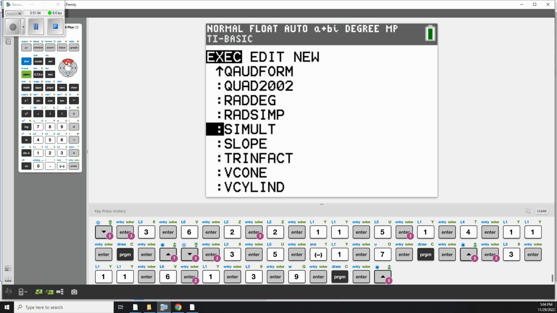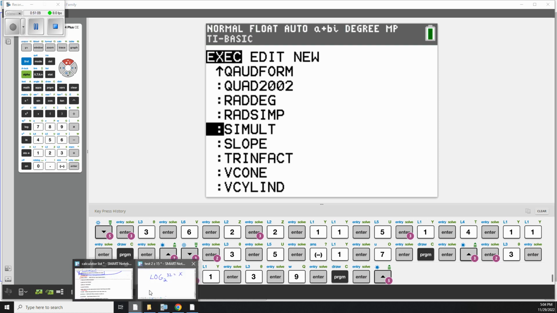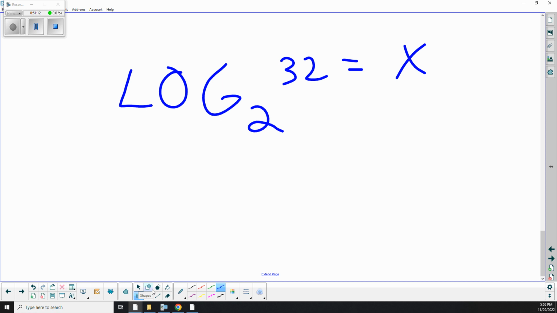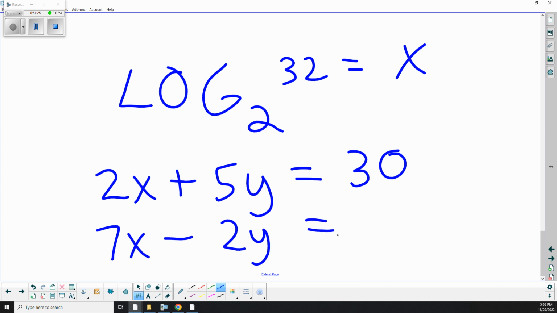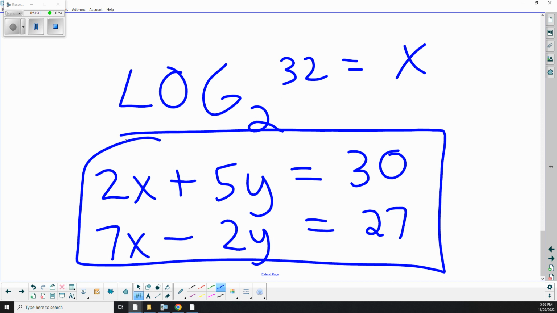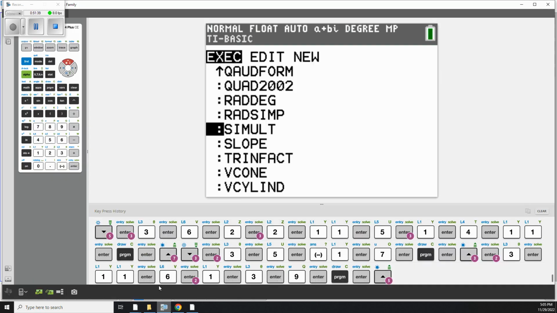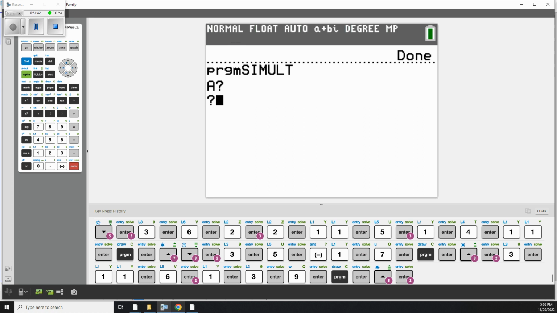Simultaneous equations is worth a look-see. Suppose you have two equations and two variables. It will solve these two equations instantly and find the intersection. Very powerful program. All you have to do is hit the coefficients.